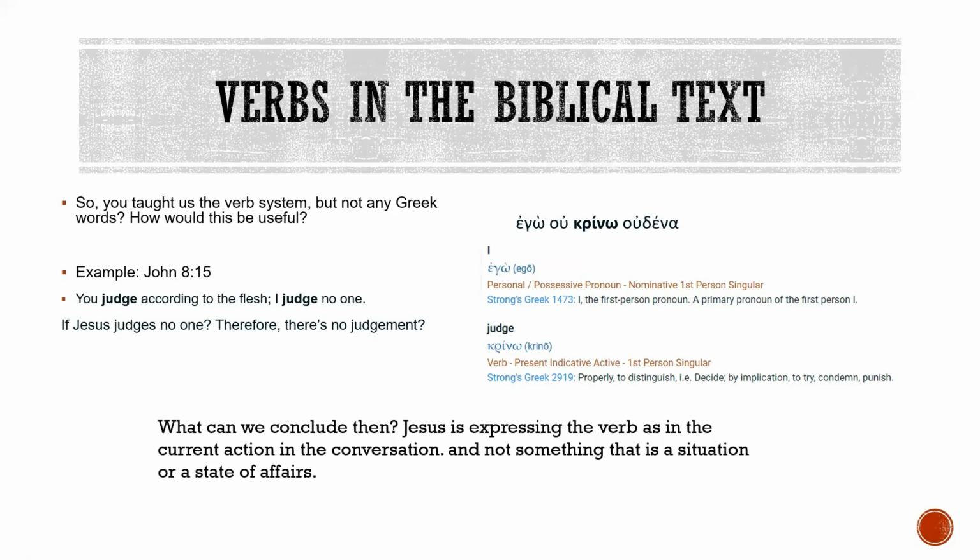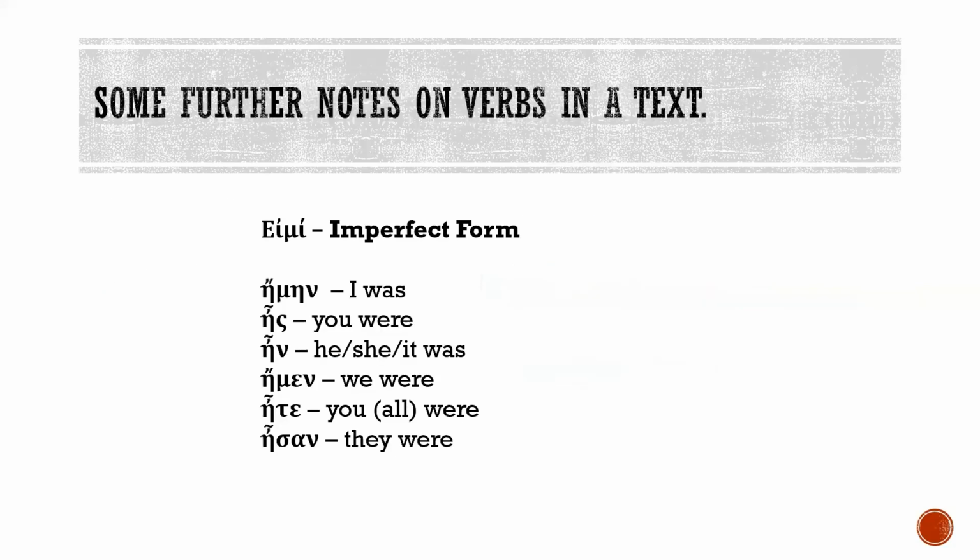So when Jesus is saying, I'm not judging, in the present aspect, he's communicating that he is currently in the dialogue with the Pharisees, not participating in the process or unfolding of the action of judging, and is not a state of affairs as the questioner is trying to demand.